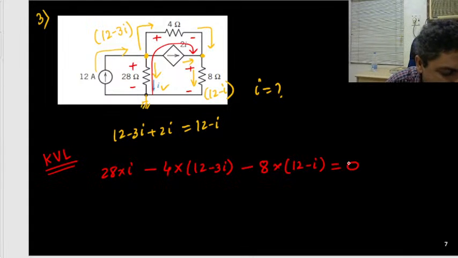So is it clear to everybody? Am I clear how we have made this KVL equation? That is very important. I am considering one loop containing those resistances, the 28 ohm, 4 ohm and 8 ohm resistance. I am not considering other loops, only one loop, and there I will apply KVL.